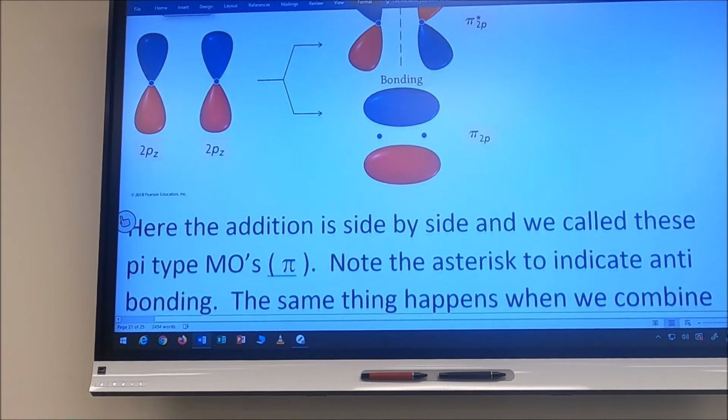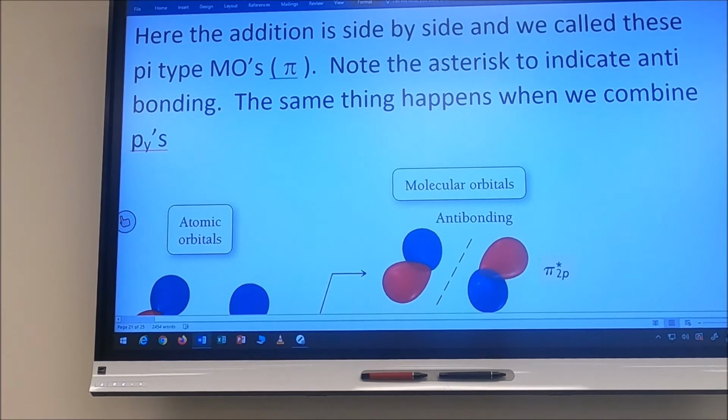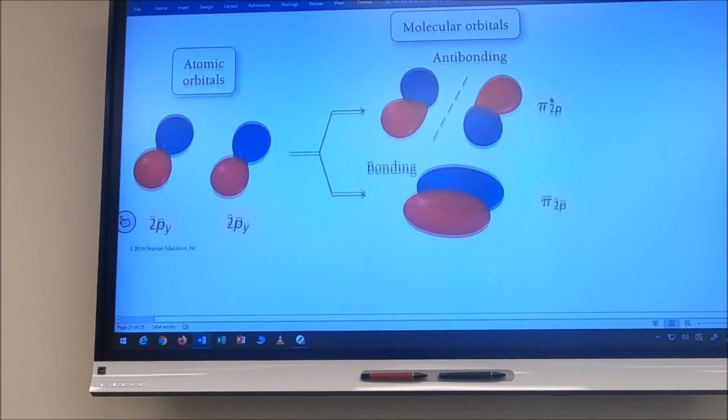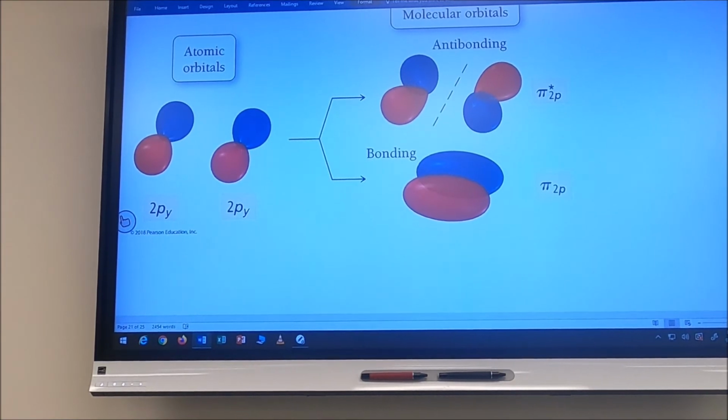So remember, if we're using sigma in valence bond theory or we're using sigma in molecular orbital theory, we're talking about an orbital or a combination that's along the line that connects the two nuclei. If we are using pi, we're talking about something going above and below the plane that contains the two nuclei. Now there's the picture of the py and the py. That side by side again, just kind of reinforcing the orientation.